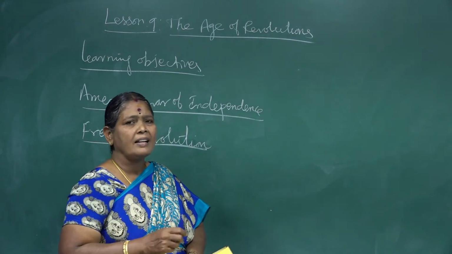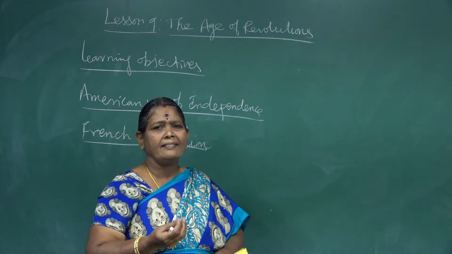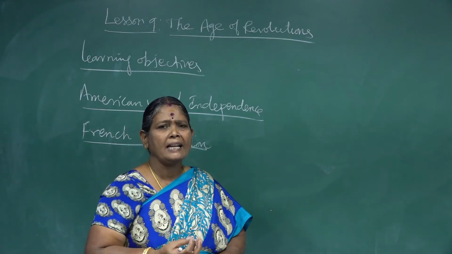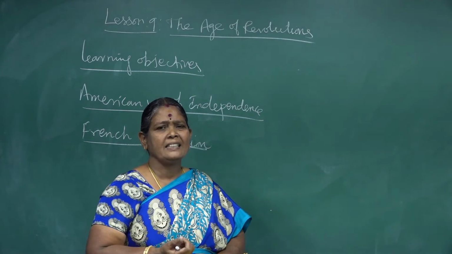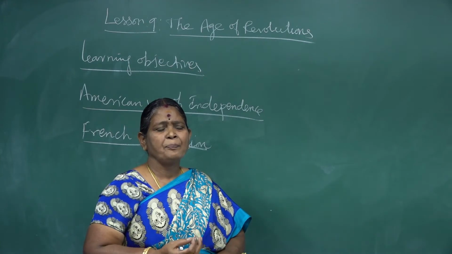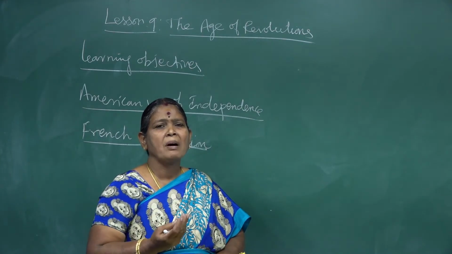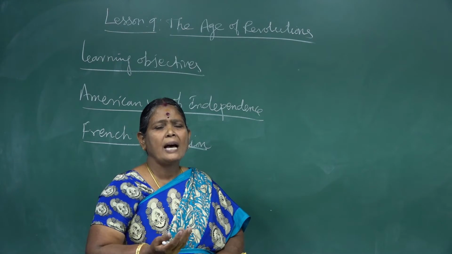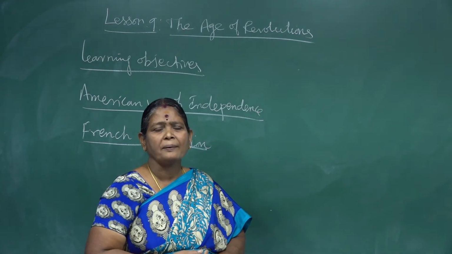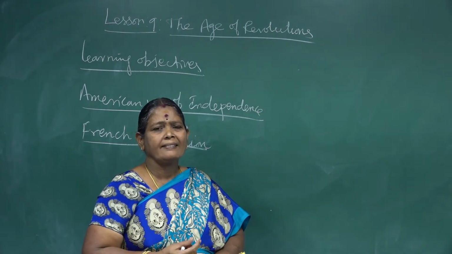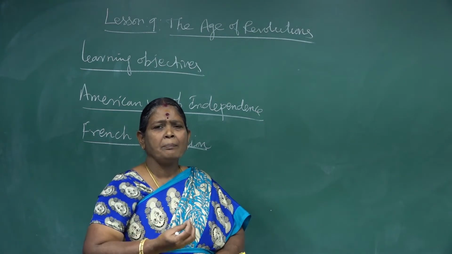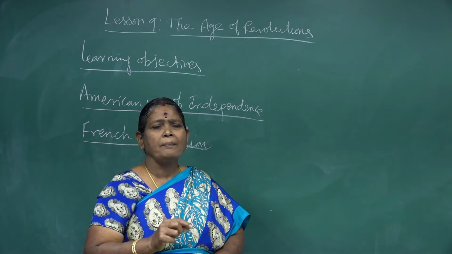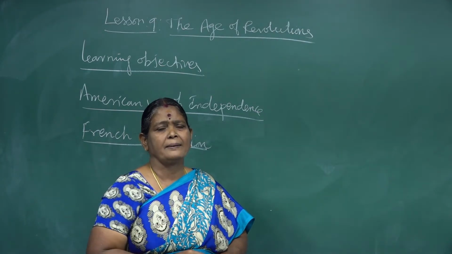The 13 colonies are Rhode Island, Pennsylvania, Georgia, Virginia, North Carolina, South Carolina, Maryland, Massachusetts, New Hampshire, and so on. In these colonies the population increased to 13 million, nearly half of the British population.